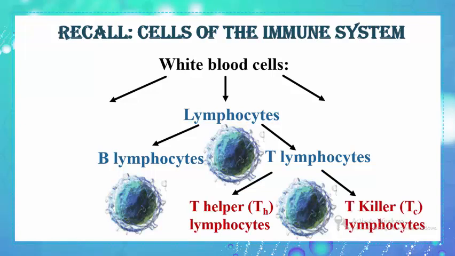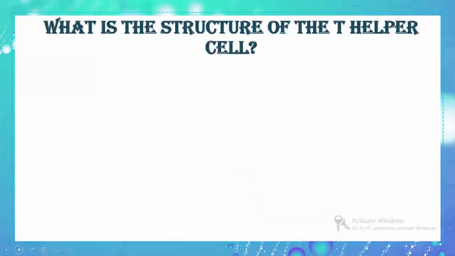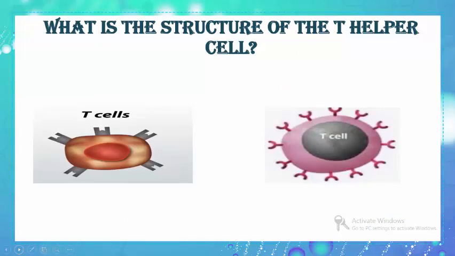In this video, we are going to talk about the T lymphocytes, and we are going to start specifically with T helper lymphocytes. How do the T helper cells start working and get activated? This is what we are going to see in the next part of this video. Let us now concentrate and understand the structure of T cells.